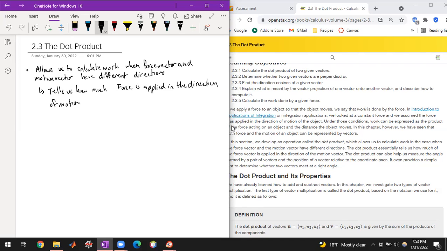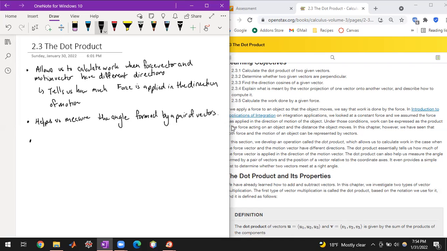Okay, so the dot product can also help us measure the angle formed by a pair of vectors, and gives us a test to determine whether two vectors meet at a right angle.